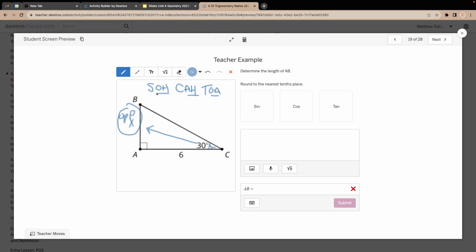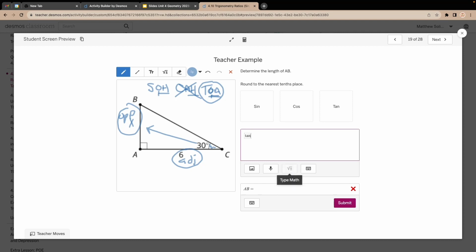I want to find the opposite, so it's got to be sine or tangent, because those are the only ones talking about the opposite side, that O. Is it sine or tangent? I know this side is the adjacent, so I have adjacent and I want to find opposite. So I'm going to use tangent, because that has O and A, opposite and adjacent.